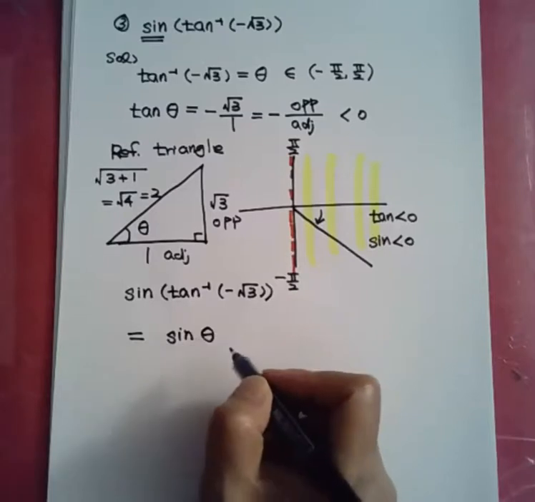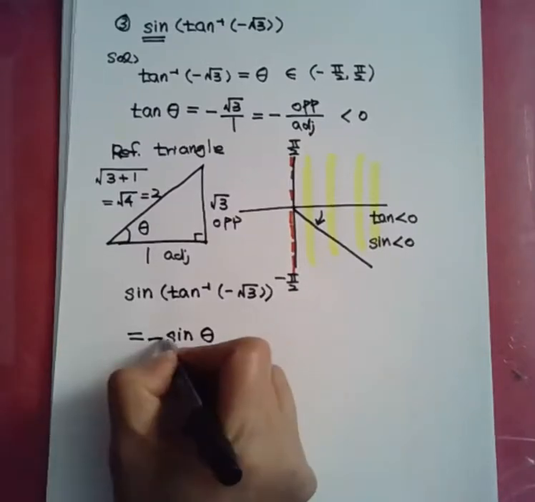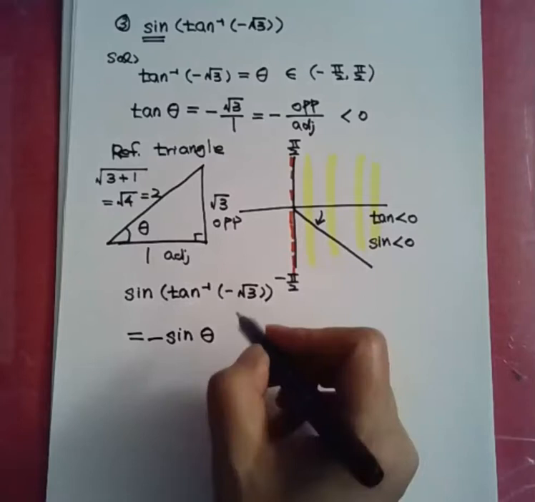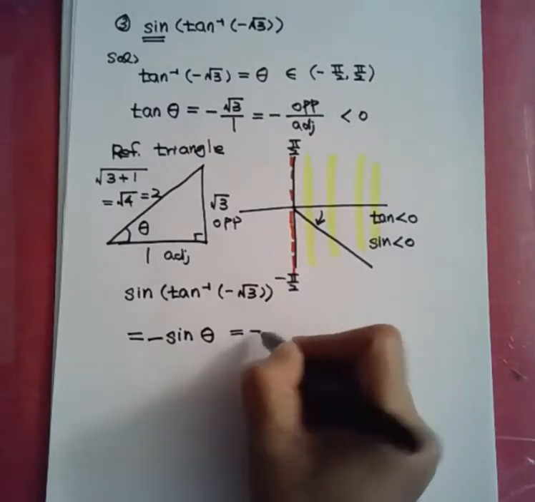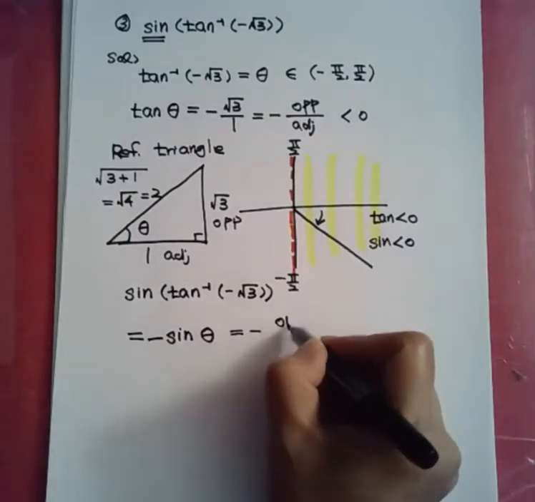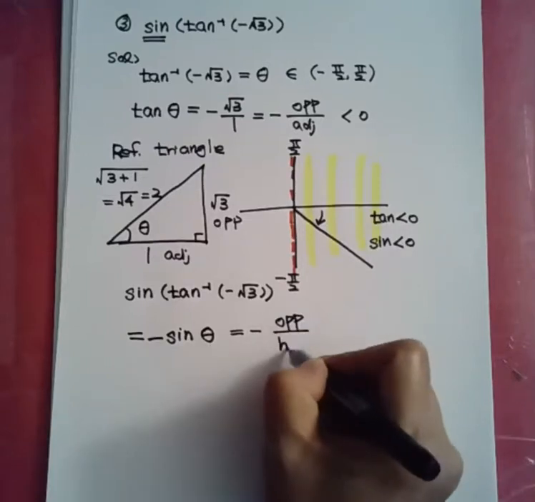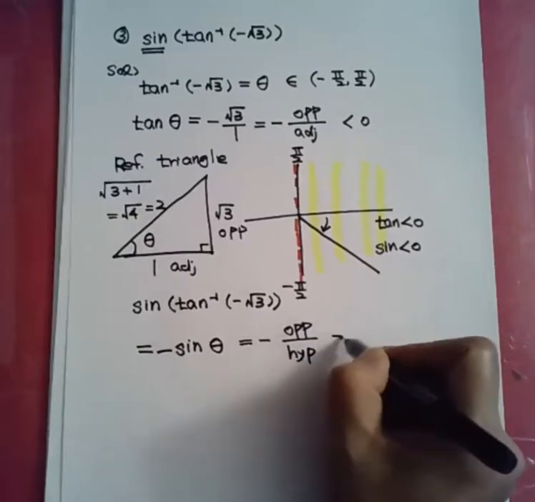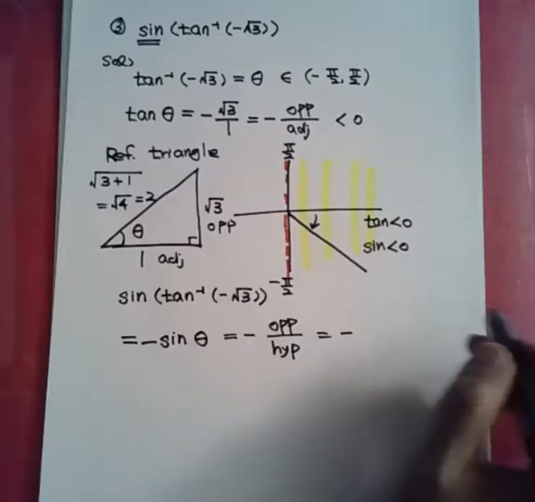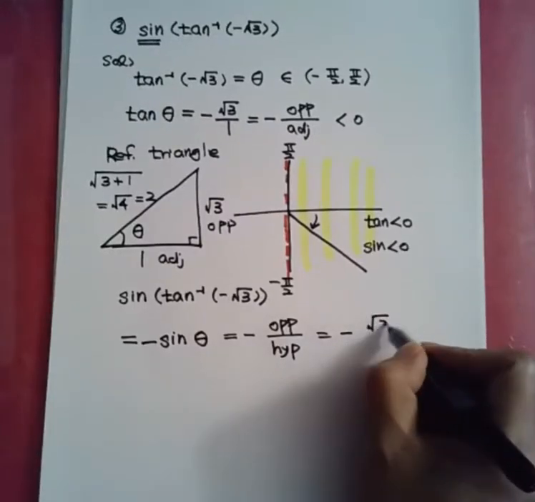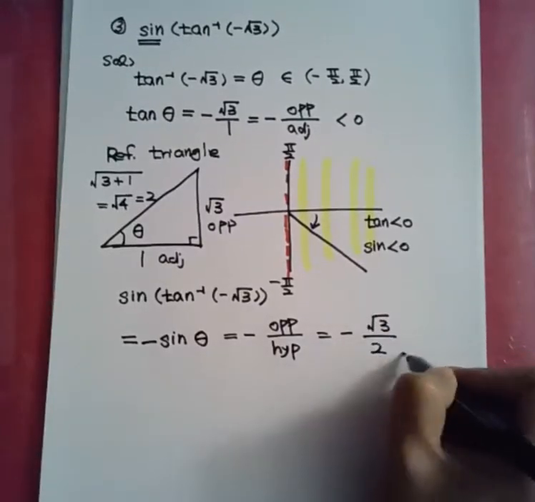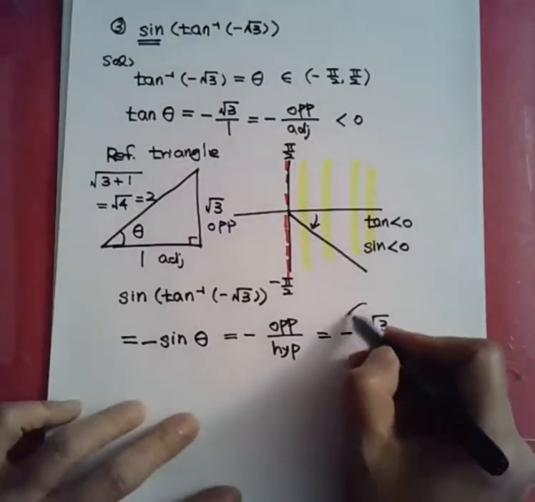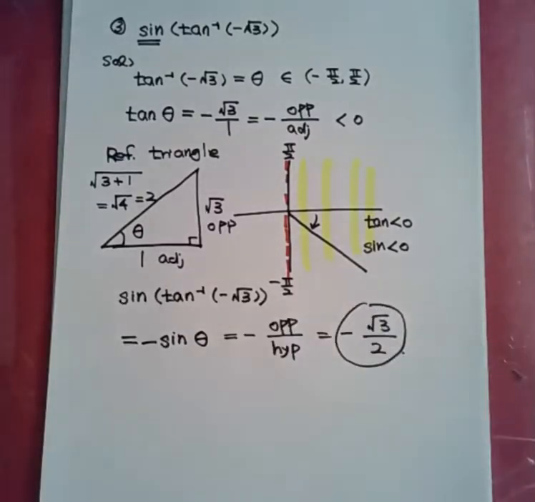Theta is an acute angle, so we have to put minus in front of that. Then that is minus opposite over hypotenuse. So that is minus, opposite is square root of 3 and hypotenuse is 2. So the final answer is minus square root of 3 over 2.